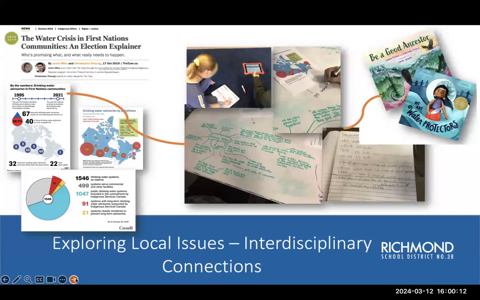This, of course, is related to both science and social studies, and students are investigating the water crisis in First Nations communities. They're doing some reading in English, looking at infographics to get some deeper understanding, and starting to think about the issue from multiple perspectives. So math is helping them deepen their understanding of that local issue.